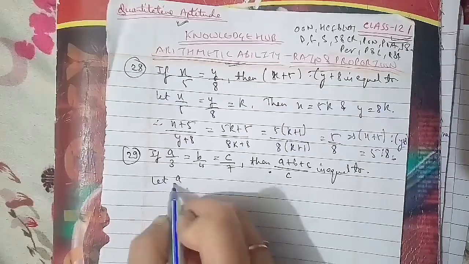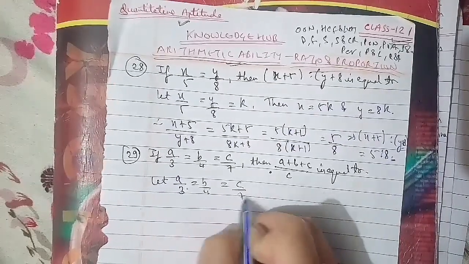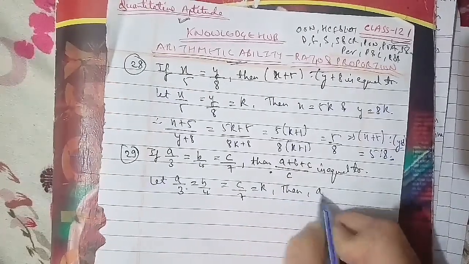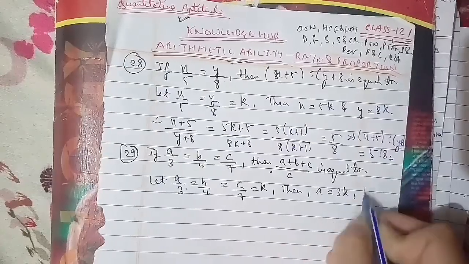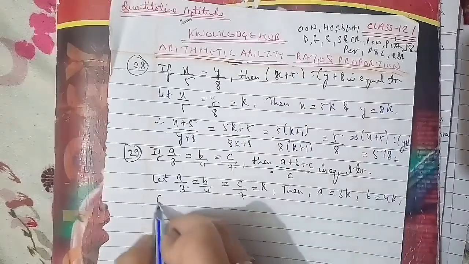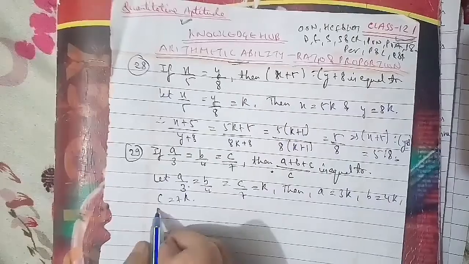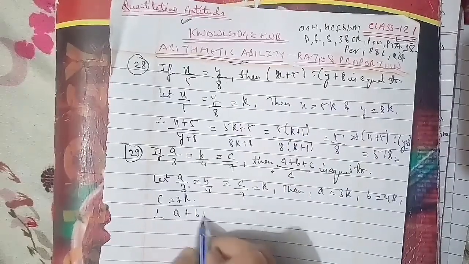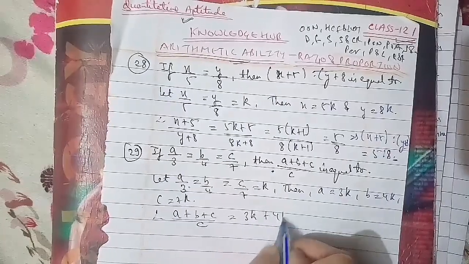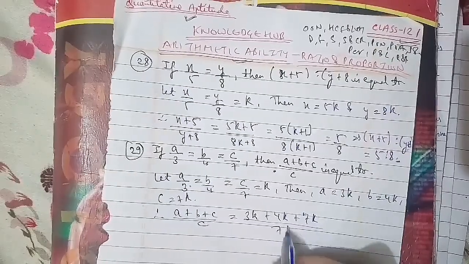Let a upon 3 equals b upon 4 equals c upon 7 equals k, then a equals 3k, b equals 4k, and c equals 7k. So a plus b plus c upon c equals 3k plus 4k plus 7k whole upon 7k.